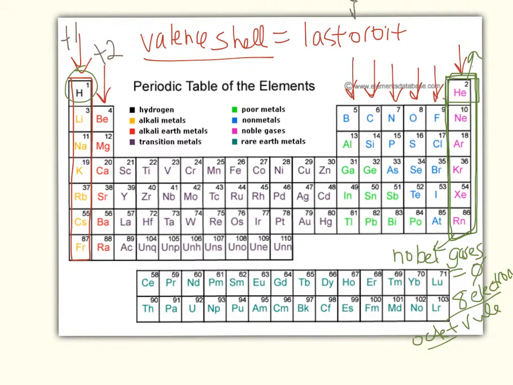Boron's group, it's not that the transition metals found in the middle aren't important. We're just not focusing on those for the purposes of our ionic and covalent bonding. So boron's group with aluminum, gallium all the way down, this is our family group 3, so it has 3 electrons in its outer shell. Again, it's easier to lose 3 electrons than to gain 5, so because it's going to lose 3 negative things, which are the electrons, it will have a +3 charge.